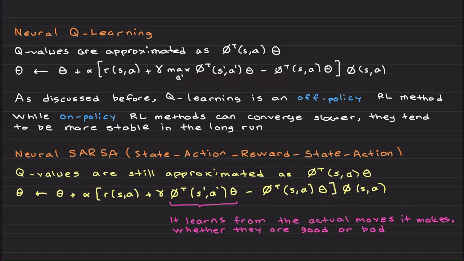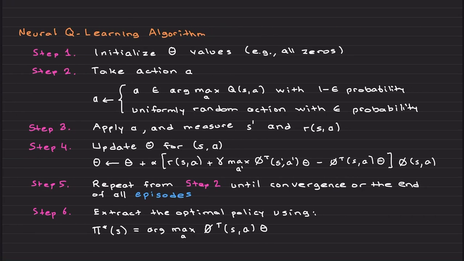Here, in SARSA, you do an action, you put this action back here and get the estimate. Again, it learns from the actual moves. It works really similar to the SARSA video, but I will re-explain everything. First, let me start with the neural Q-learning algorithm.